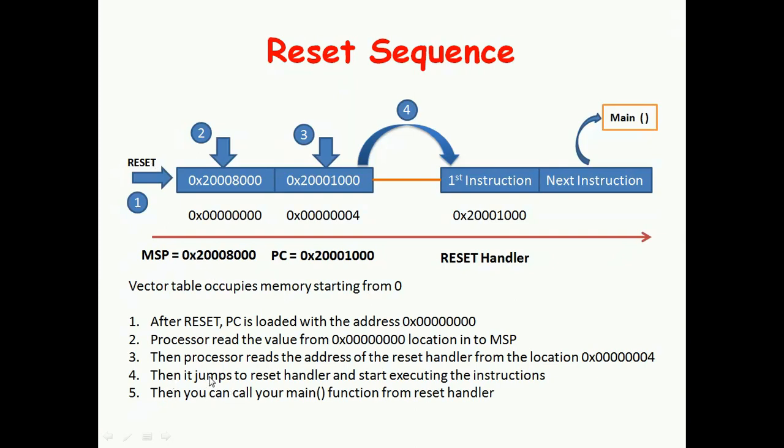Then it jumps to that address of the reset handler and starts executing the instructions. Upon completion of the reset handler execution, it will come back to the main function by restoring the return address of the main function from the link register or program counter.